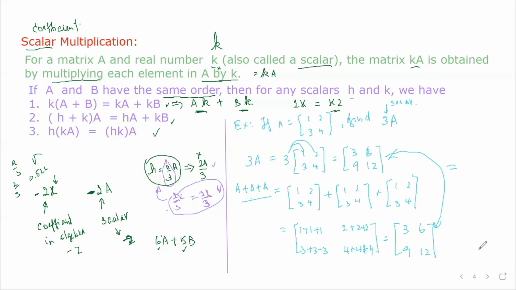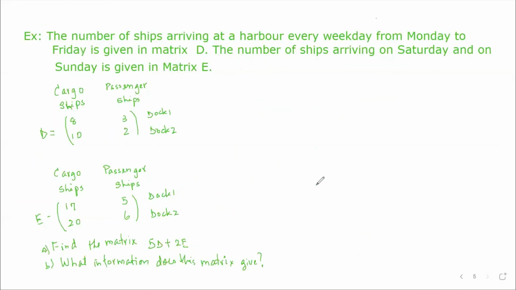Okay, so now this is scalar multiplication. Then maybe see the last example here, a word problem.